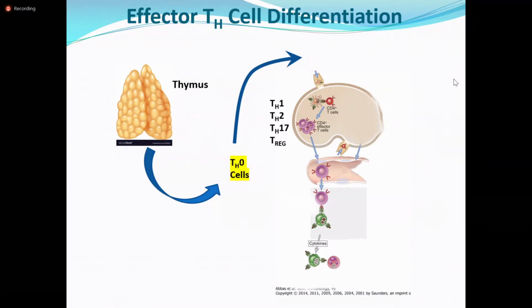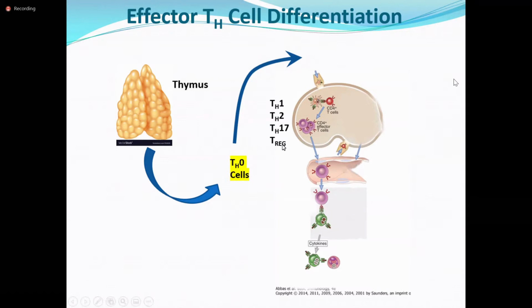These are the major, what we know now already as the major functional T helper cell subsets in dealing with most pathogens. There are likely to be more to be discovered in the near future, but these are the ones that have been most characterized at the moment. Th1, Th2, and Th17.